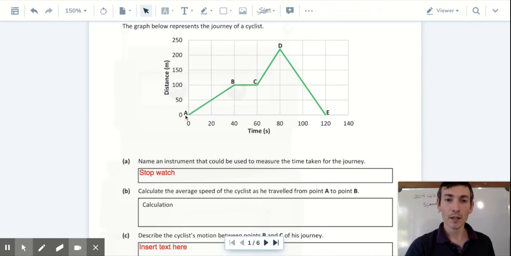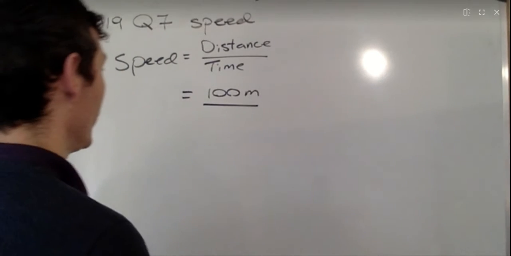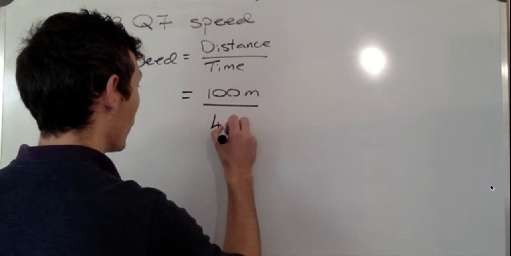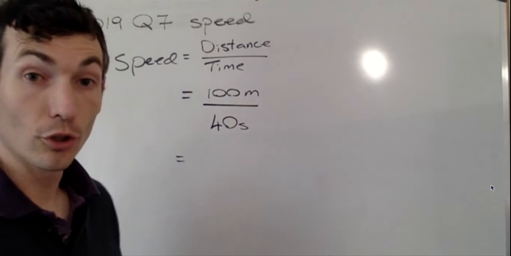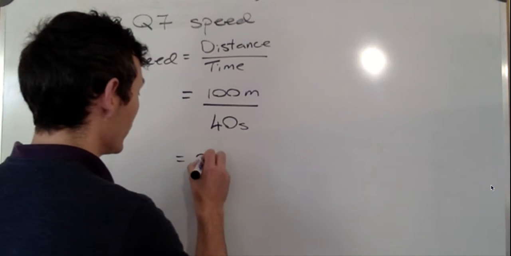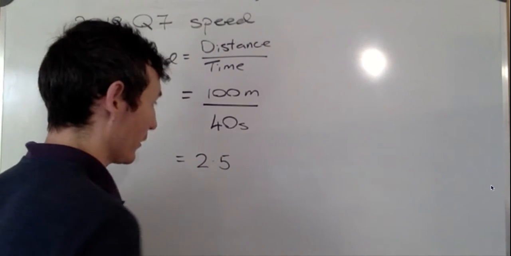Looking at the x-axis, we've got 0 seconds, 20 seconds, 40 seconds, and that's where point B is. So the time it took to go 100 meters was 40 seconds. And 100 divided by 40 is 2.5.